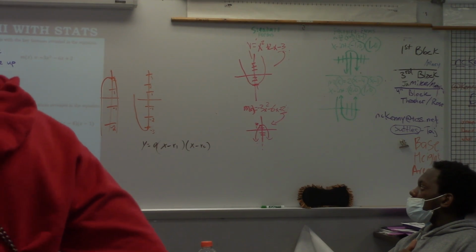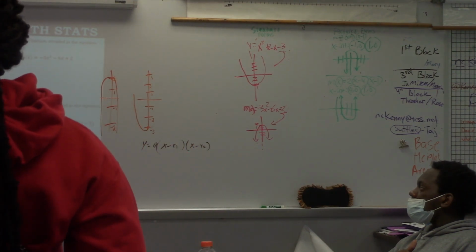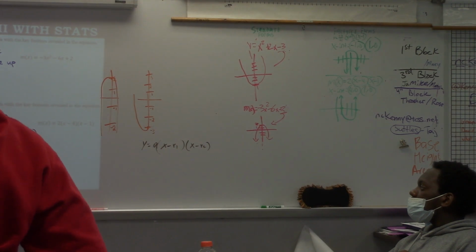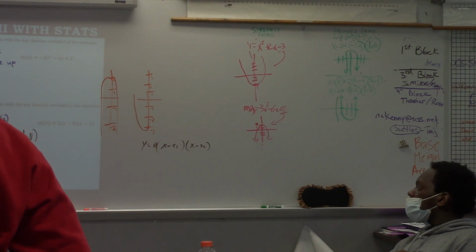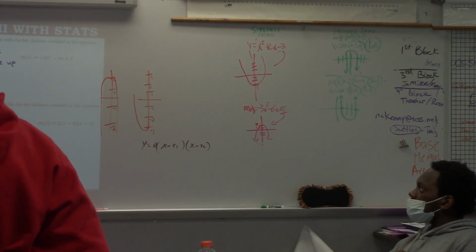Well, R1 and R2 are here with our factored form. But notice B on its own, it's not going to do anything. If you need to make a note of that to yourself in a second, do that. But be aware, I have students every year that I teach this try to make B the x-intercept or the y-intercept or the vertex. B on its own doesn't do anything.